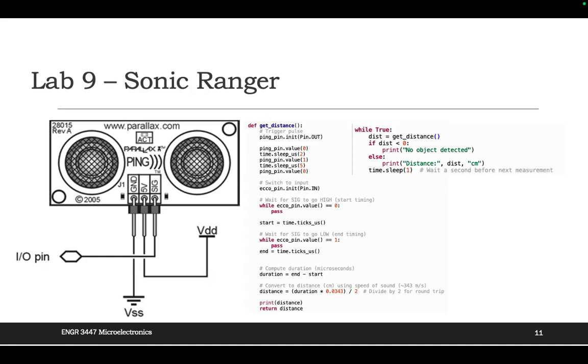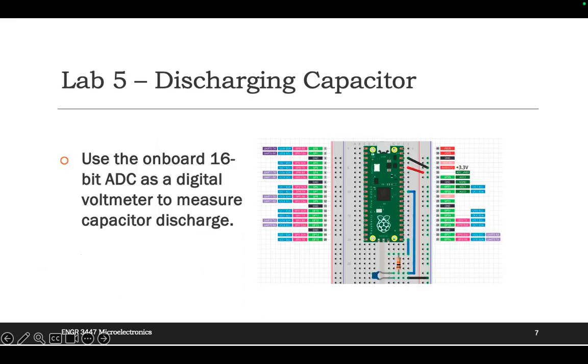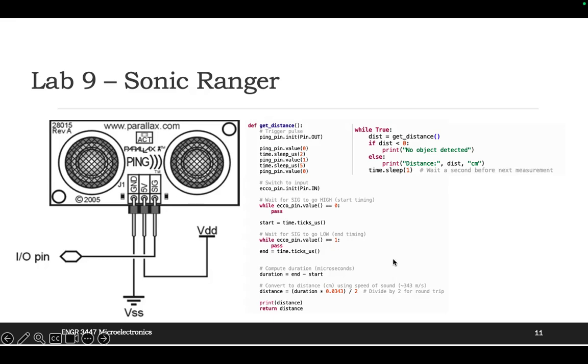We use the Pico and some sensors to measure the environment around us and read something. But from lab 5 to lab 9, we just used the input. We used the input to read the data, but we didn't use the output.